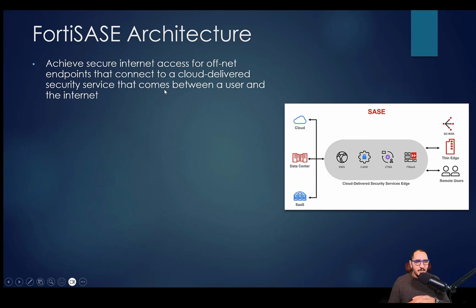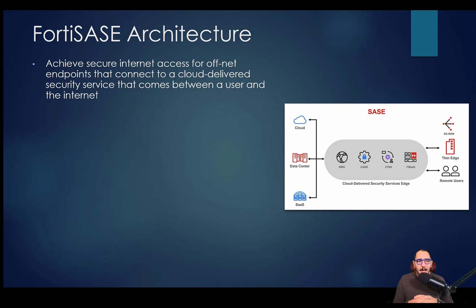Now, FortiSASE provides security beyond the organization's internal network. FortiSASE aims to provide secure network access for all remote users, whether you're a remote user, in a branch, or located anywhere.